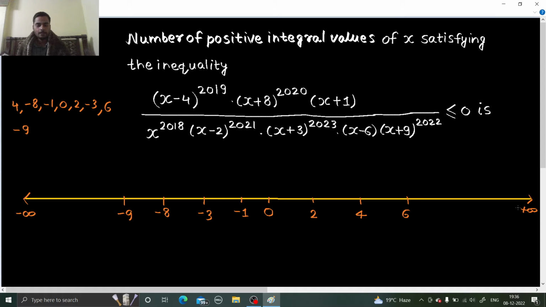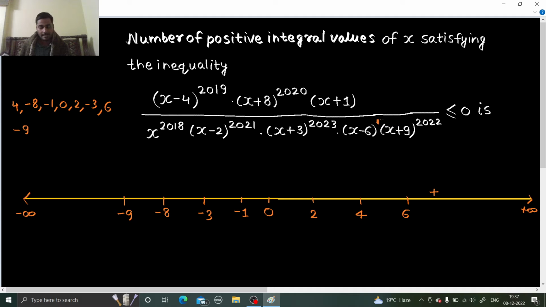So how to decide signs? Starting off, you put a plus sign always here. Then as you cross the critical point 6, which came from this bracket which has the power of the bracket equal to 1.